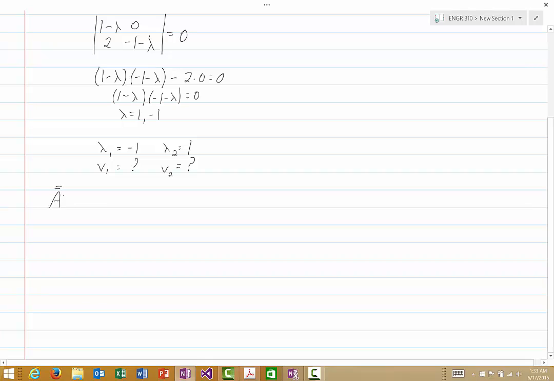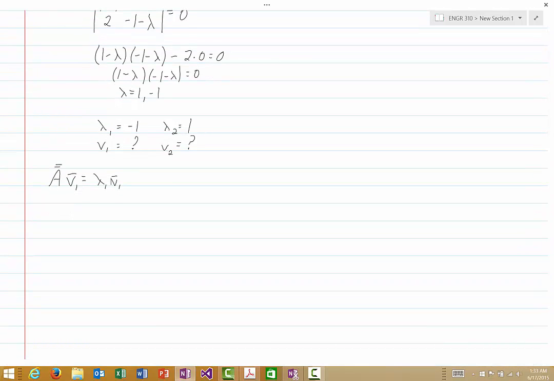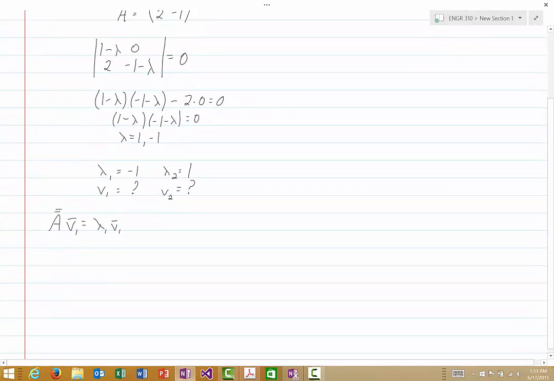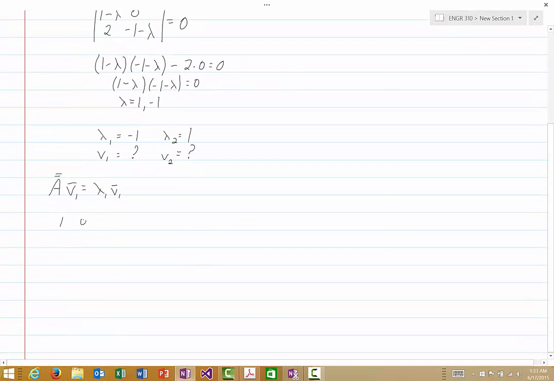So we have A v1 is equal to lambda 1 v1, and so this gives us the matrix 1, 0, 2, negative 1 times x, y is equal to negative 1 times x, y.